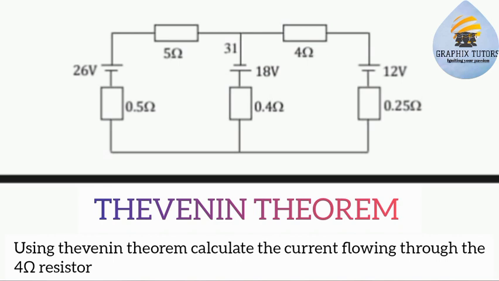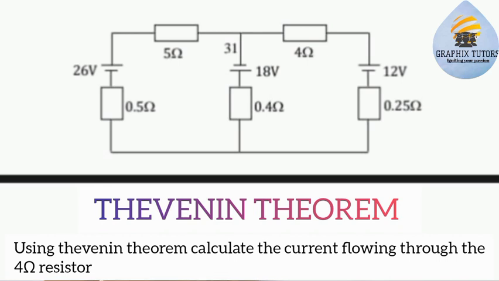In this video, we want to analyze this circuit using Thevenin's theorem. The question is that we should look for the amount of current that this resistor is going to receive, right?